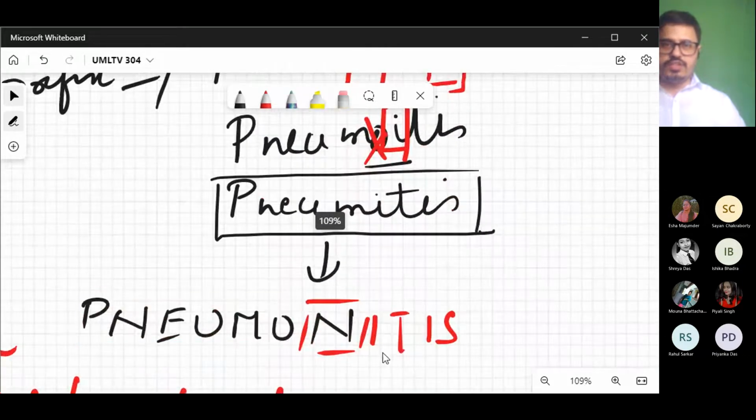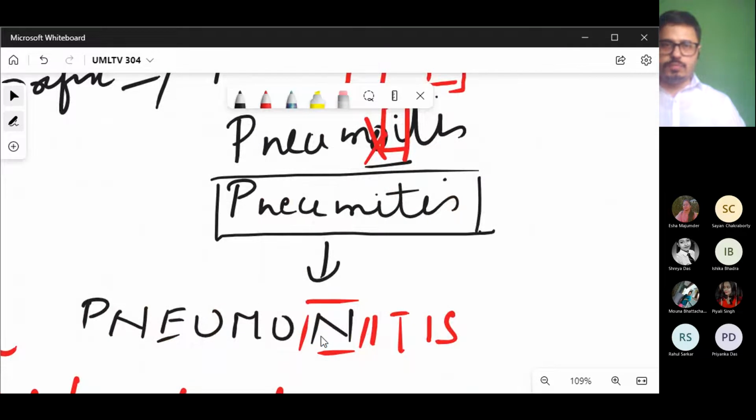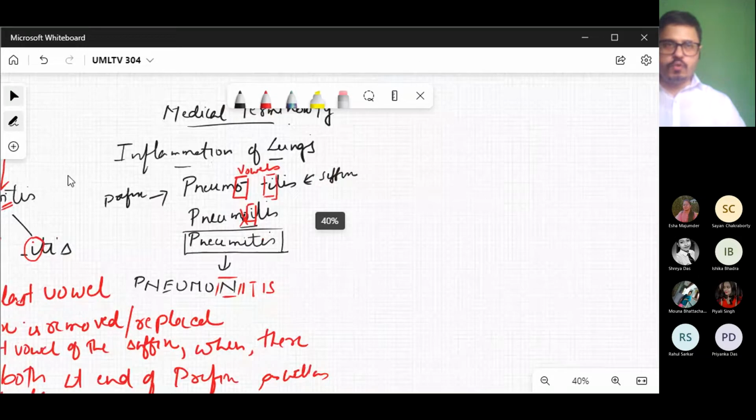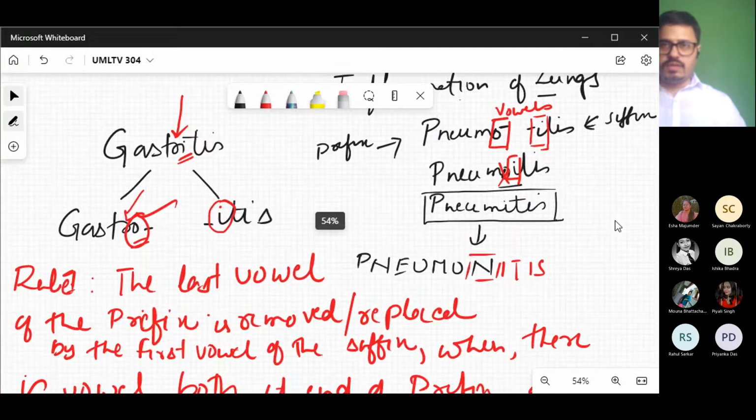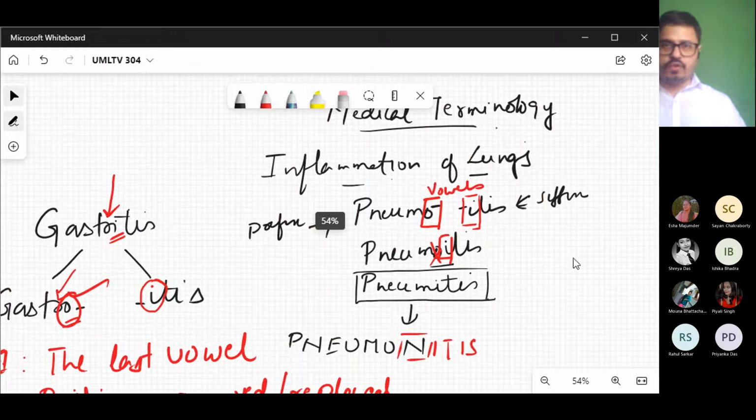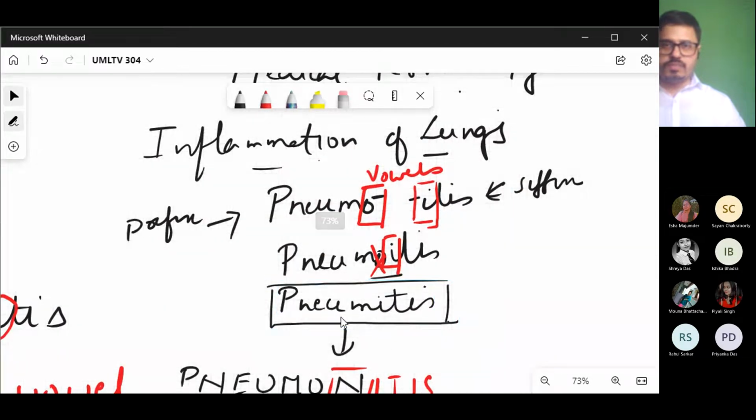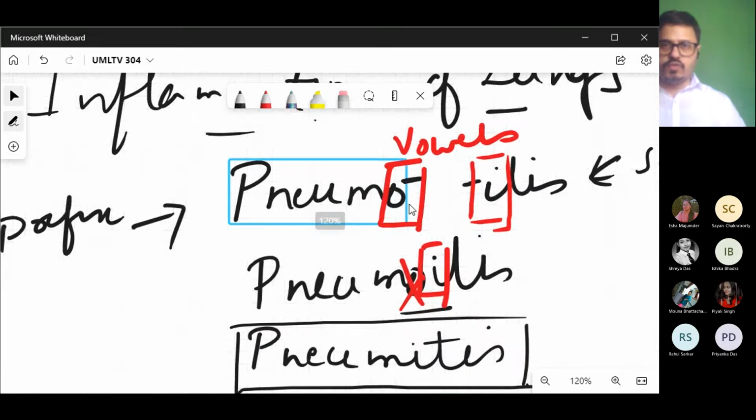What I am now telling of an exception is this term. I said that inflammation of the lung is termed as pneumonitis, right? But if we follow this particular rule and join the prefix and suffix, then the term should be pneumonitis. The prefix was pneumo, and the O was the ending vowel of the prefix, and this I was the starting vowel of the suffix, itis.